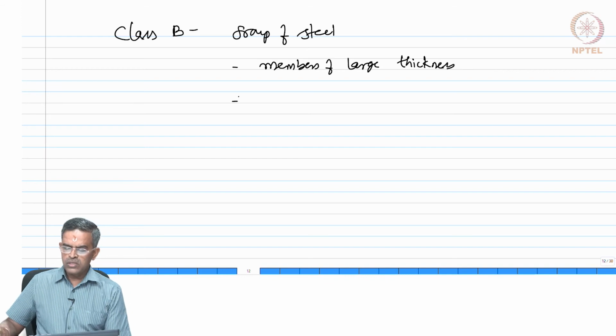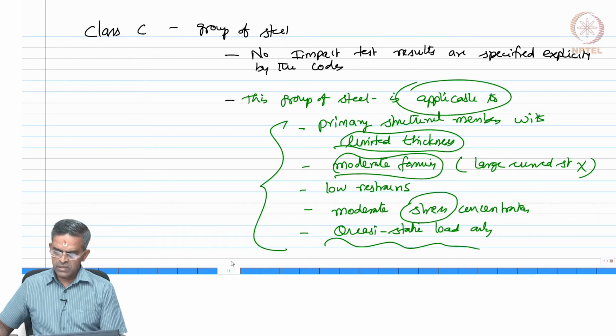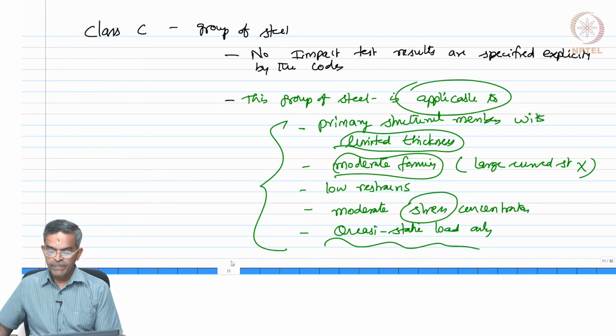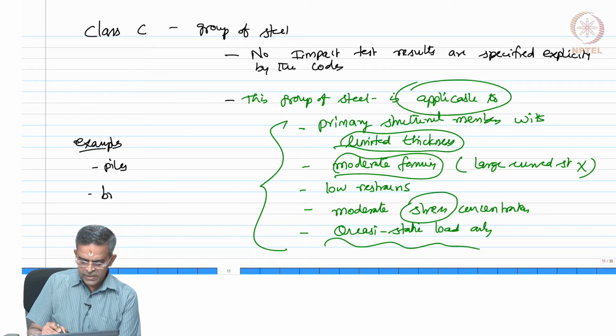You can also use this group of steel for members having high stress concentrations. Now, getting back to class C, examples could be piles, bracings, battens, etc.